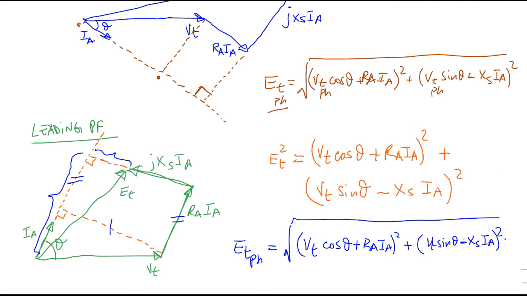So this is all per phase. So that is how we can find the equation for the induced voltage of a synchronous generator. Thank you.